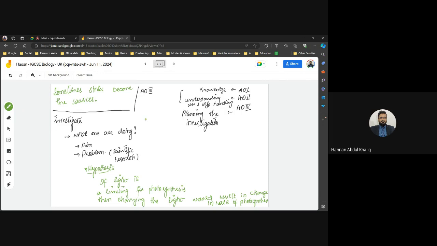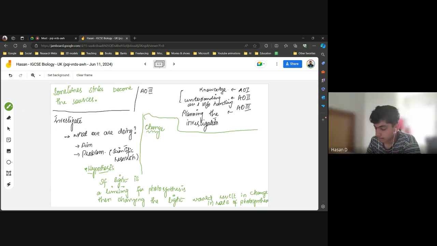But obviously, we do not have to design the hypothesis at this level. After the hypothesis, there are two things in this particular investigation. I guess you can see the word change. Can you see the word change there in the hypothesis statement? Yeah.